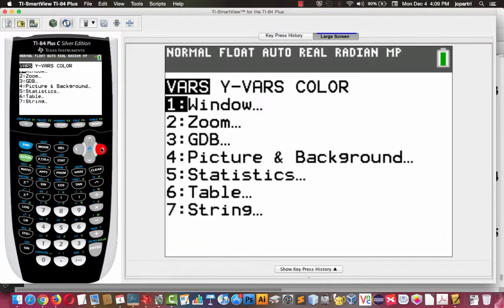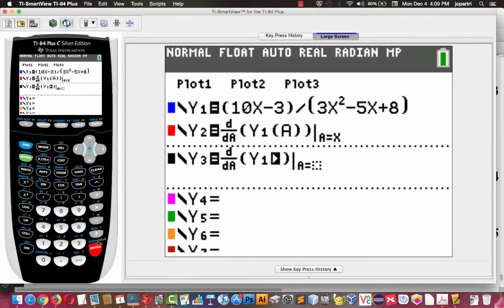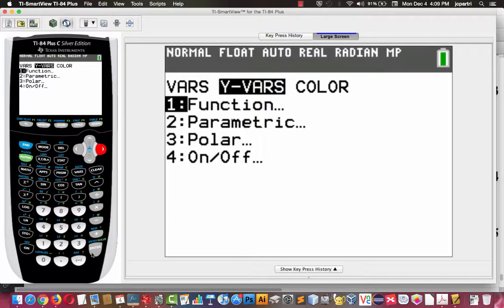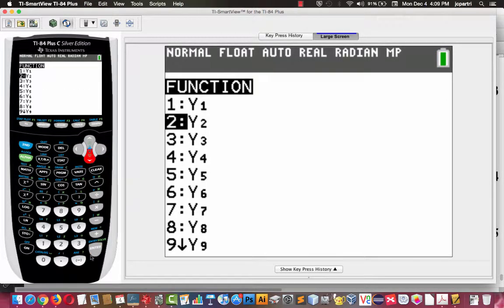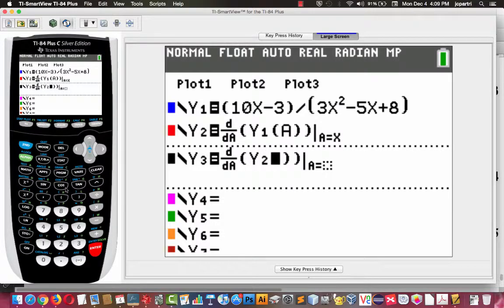So I go to vars, yvars, function, y1, make sure that this is a function of a, and then after you differentiate that, oops, I said y1. What am I doing? All right, let's go back. Let's delete that. Vars, yvars, y2. There we go. And then alpha a, close parenthesis. All right, and then after we differentiate that, we want to plug in x.